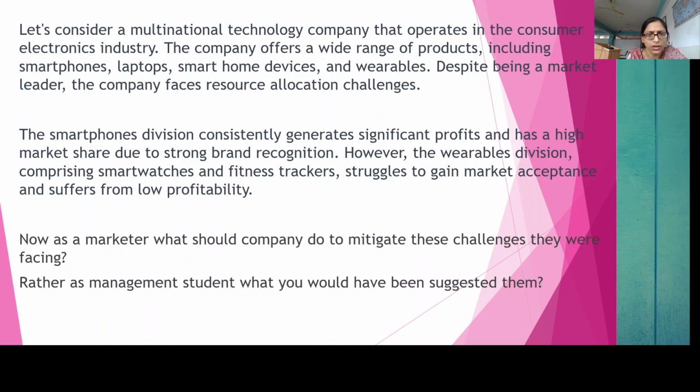So basically what they are facing is that suppose in one particular product line, the smartphones division, they are generating quite good profits, having good market share due to strong brand recognition. But in other sections, maybe in wearables, like smart watches, they are not earning that much profit as expected.